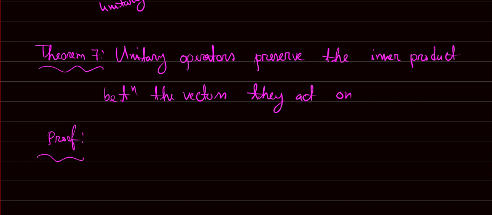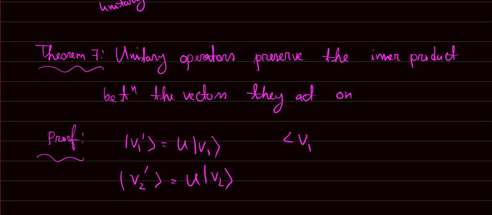Proof. Let's say a unitary operator does this operation. We get v1 prime from v1, and v2 prime by acting the unitary operator U on v2. Now if we take the inner product of v2 prime and v1 prime, we can write it from inner product rules.